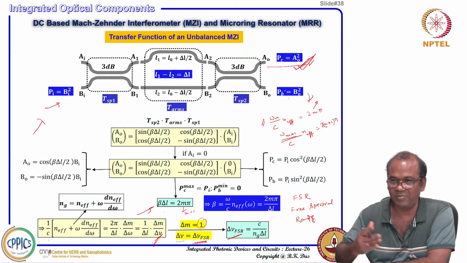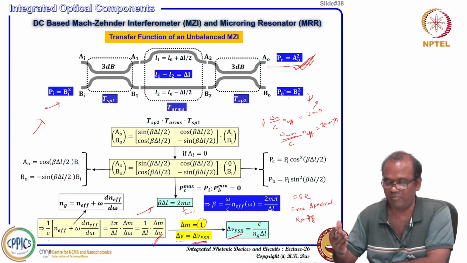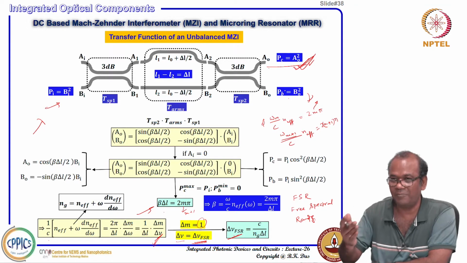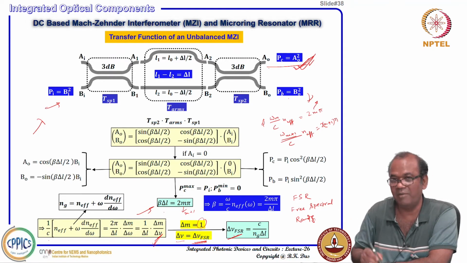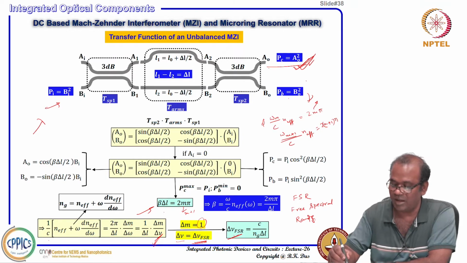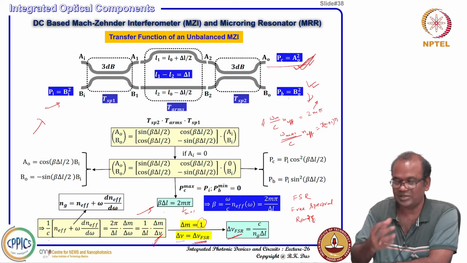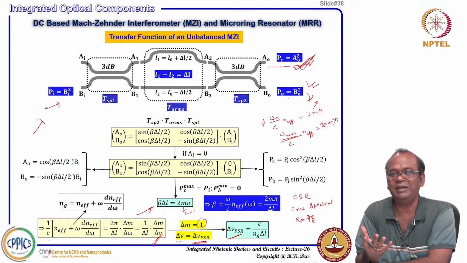Now, in the same device, if you change the wavelength, you can arrive at another particular wavelength in the next order, m plus 1, and that wavelength will appear here. So, this type of device you can in principle use to demultiplex.